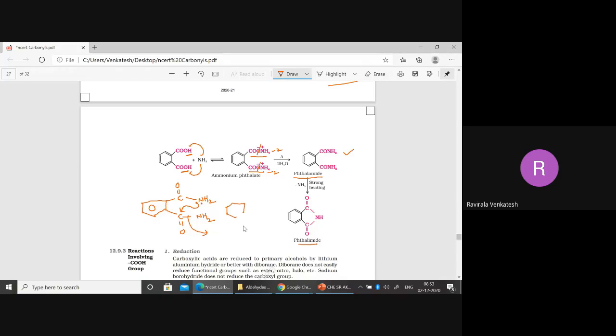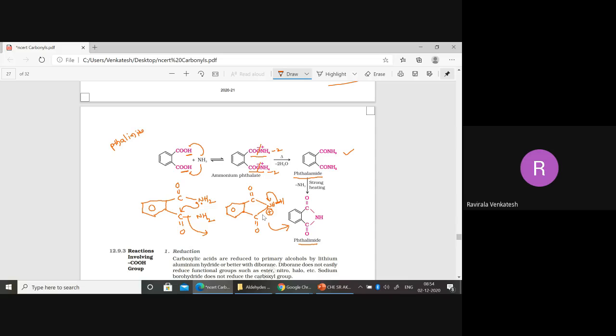Once the lone pair is given to the carbon, this nitrogen will get a positive character. Bonding electrons are taken by this one. Therefore, NH2 minus and H plus, ammonia, will be removed. You are going to get this product. This is the preparation of phthalamide. You practice this one in your notebook.